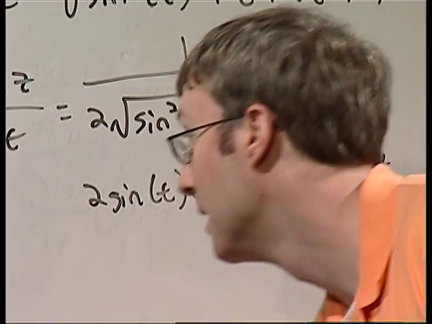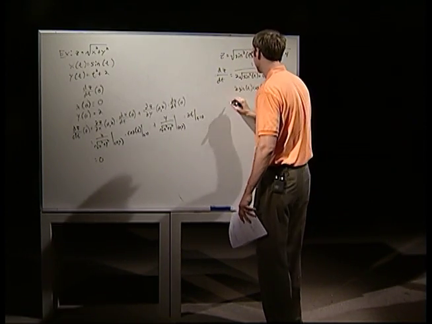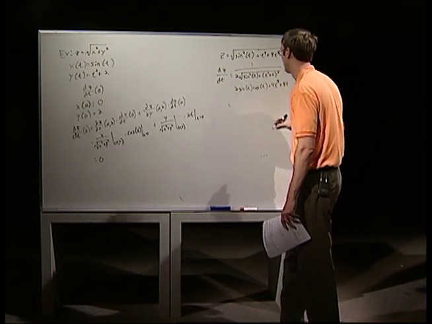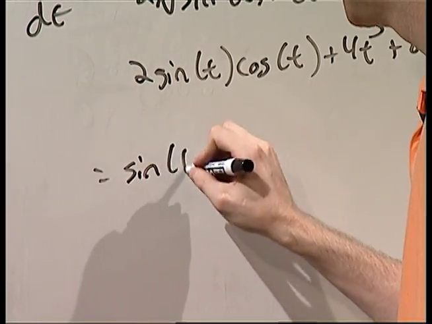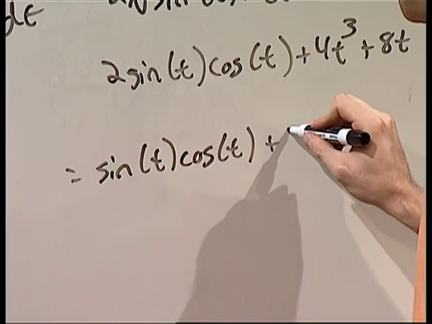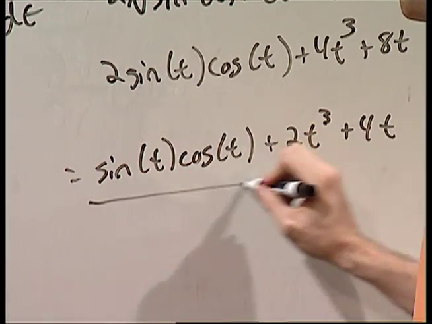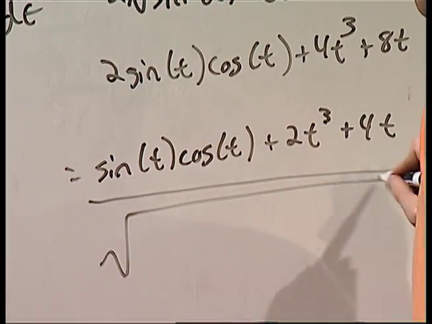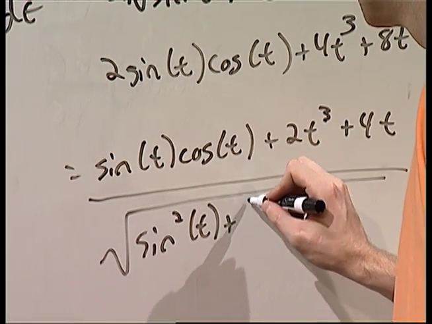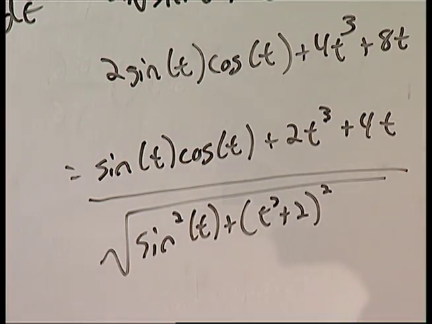So really, I could get a 2 out of there, couldn't I? So I could make this a little simpler. I could pull out a 2 of that thing, and I would wind up with sine t cosine t plus 2t cubed plus 4t all over the square root of all that junk, sine squared t plus (t squared plus 2) squared. So there's the derivative dz/dt.